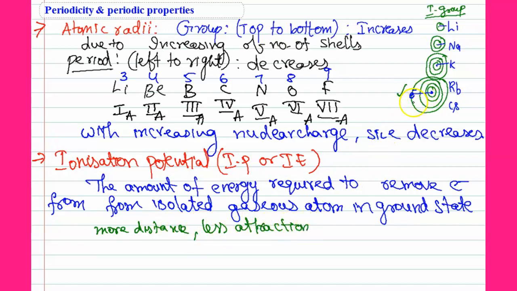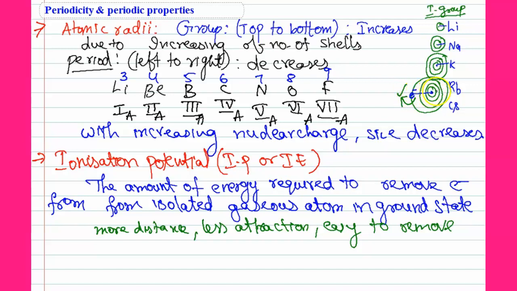So this electron experiences less attraction from the nucleus, then it is easy to remove. We have to remove this electron from the outermost shell. So we have to apply some amount of energy to the electron. Then the electron gets excited and comes out. So the energy required to remove this outermost electron is known as ionization potential.